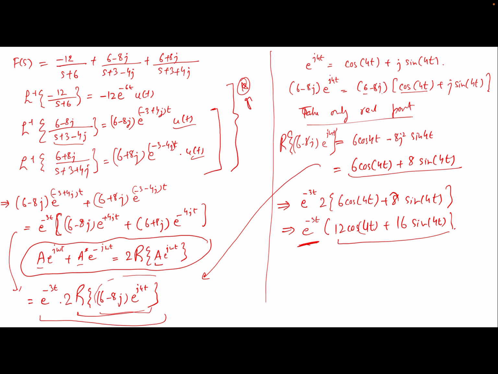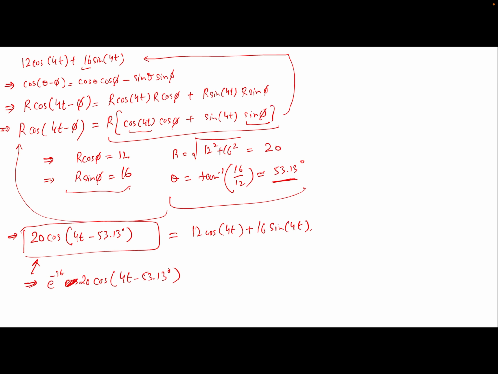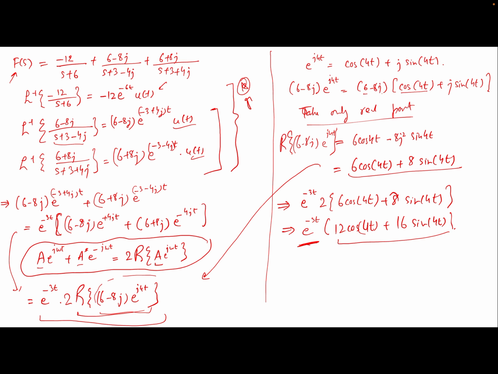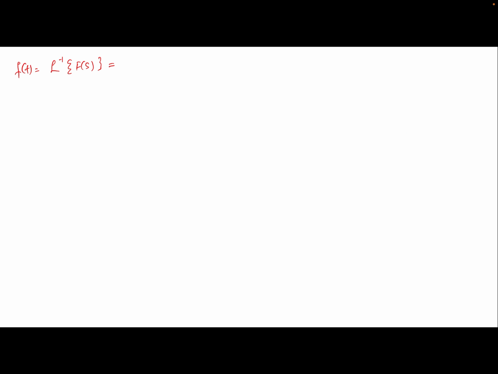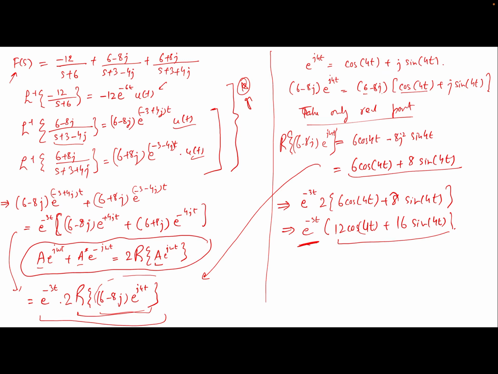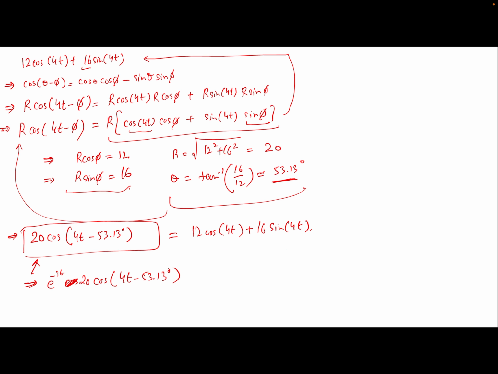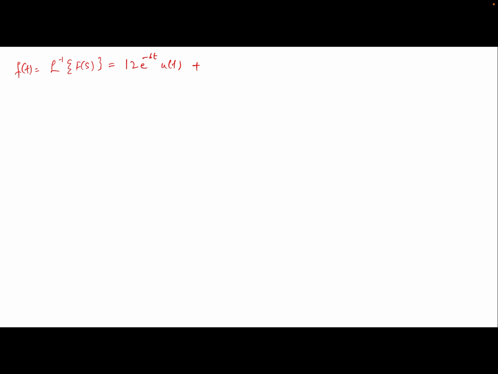So my overall expression now, f of t, is Laplace inverse of F of s. The first term, which is this one, is 12 e raised to power minus 6t u of t, plus, what is my, and now I know that what I did over here is I added these two expressions, right? So the answer of these two expressions is what we got over here, e raised to the power minus 3t times this, right?